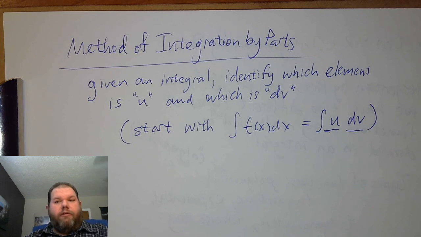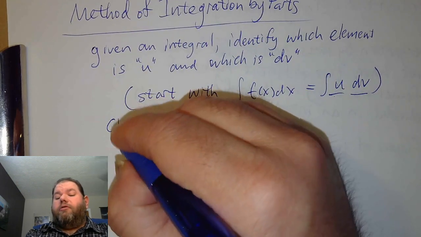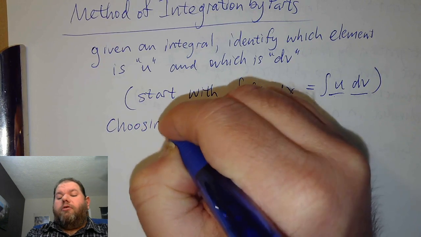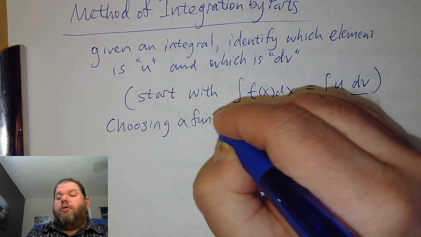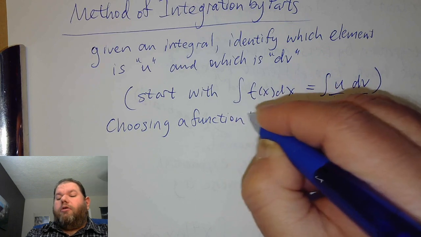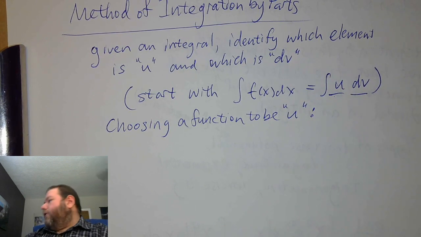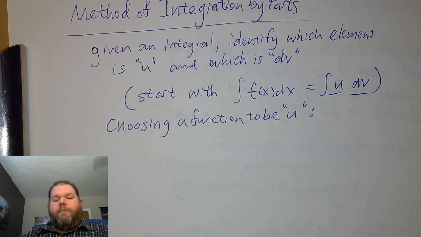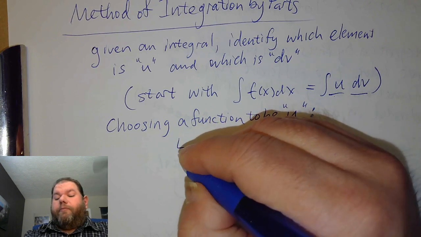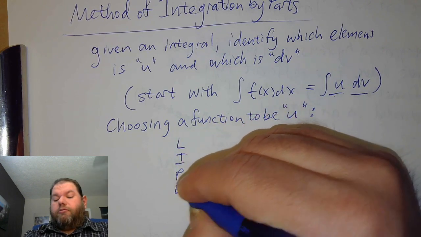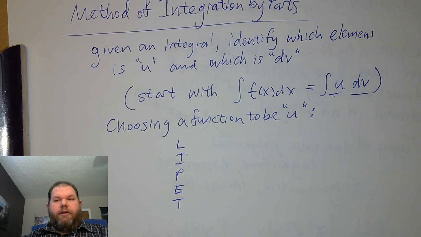Now we actually have a nice little guide as far as how we can find which one is u. So this is choosing a function to be u, and the mnemonic we have here, and sometimes you see slightly different variations on this, but it's LIPET, L-I-P-E-T.